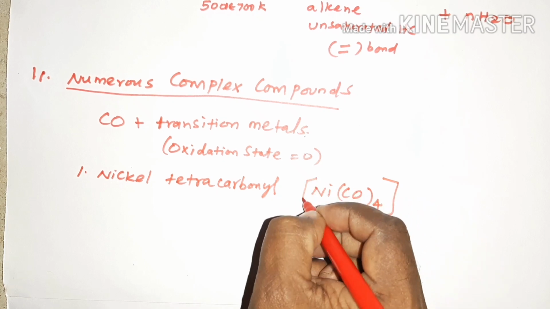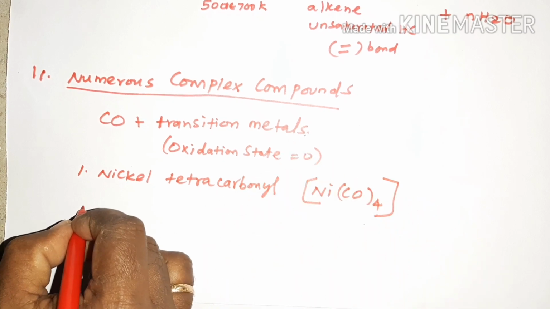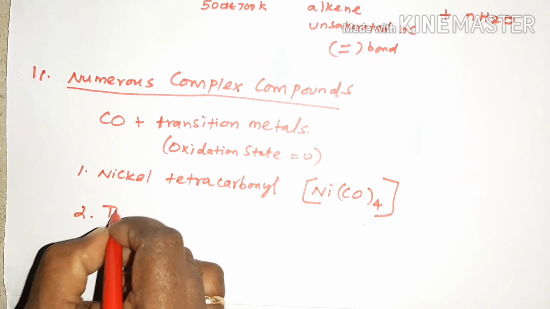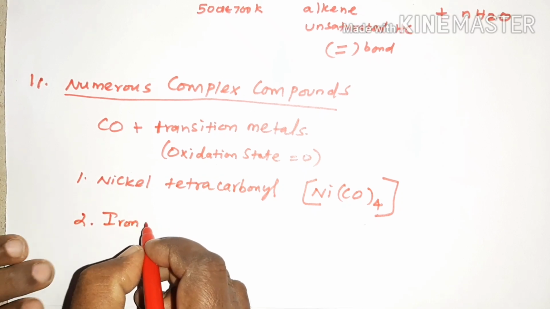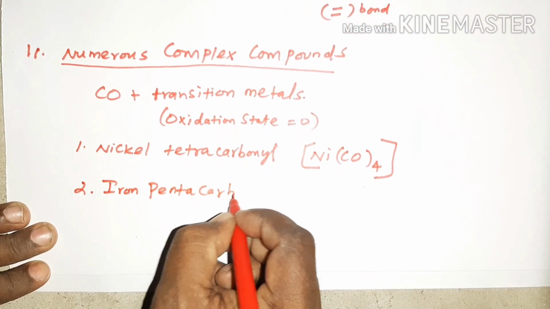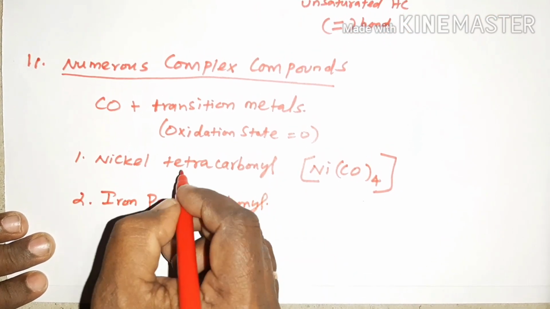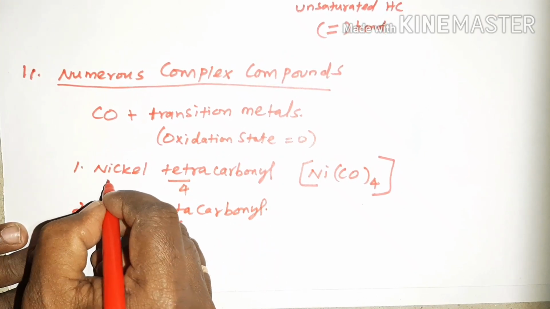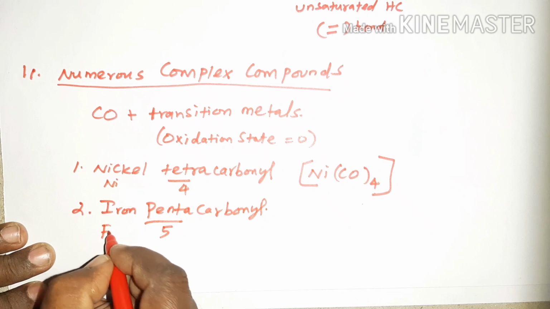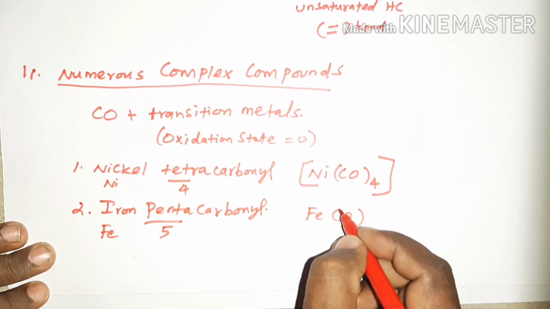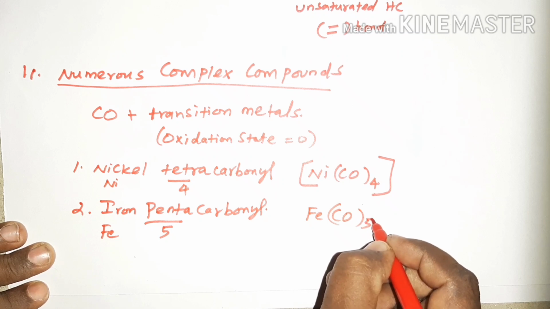This is one complex compound. Another example is iron pentacarbonyl. Tetra means 4, penta means 5. Nickel's symbol is Ni, iron's symbol is Fe. So Fe(CO)5.